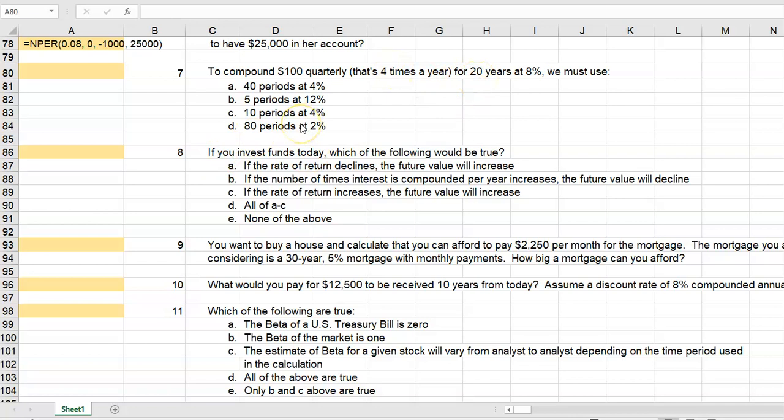You already know the answer is D. And we have to divide the rate by 4, which gives me 2%. So don't forget, you're going to affect the number of periods, the rate, and potentially the payments. So we have here a D.